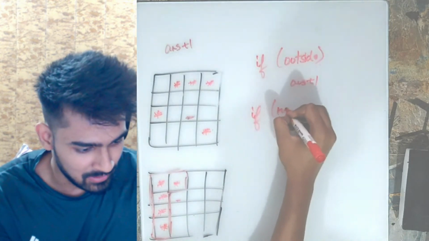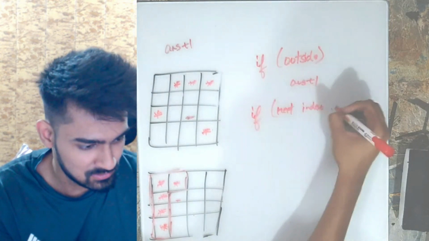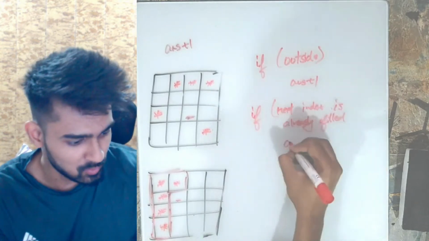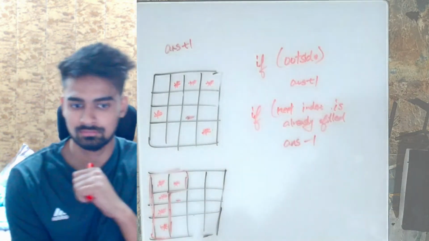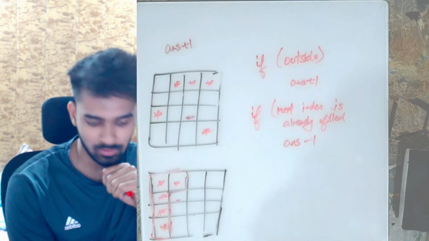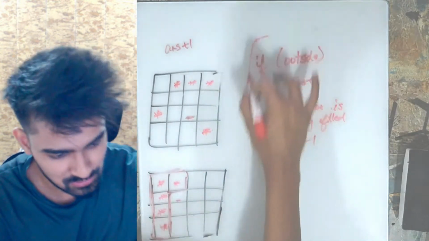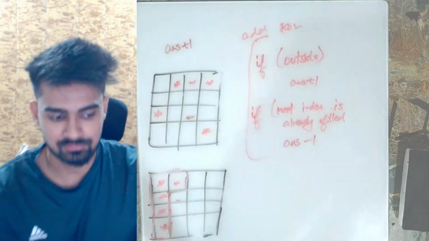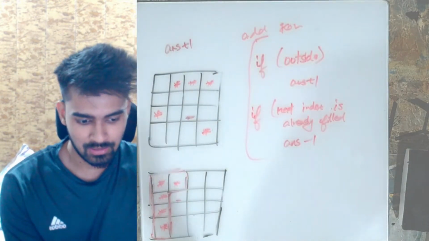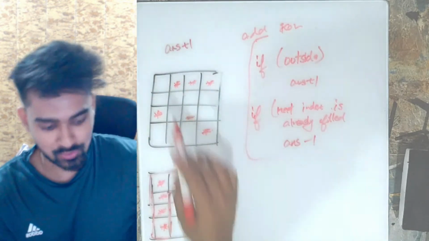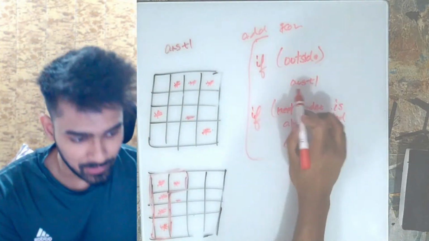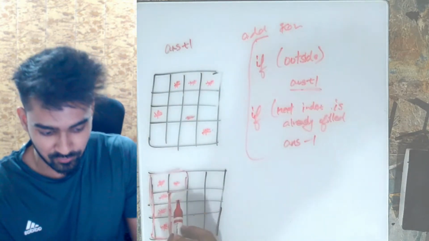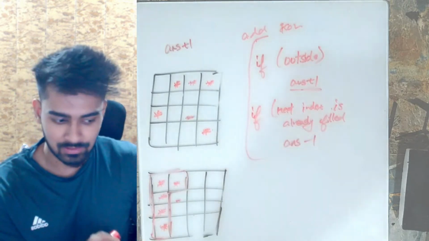If the next index is already filled, then you do answer -1. These are the two conditions while adding an icon. If the value that you're going to include is outside the region where you want to include, then you increment your answer by 1. The next thing you see is that if the next index which will be filled has an icon, then you do answer -1.